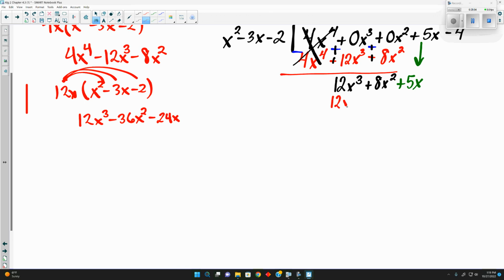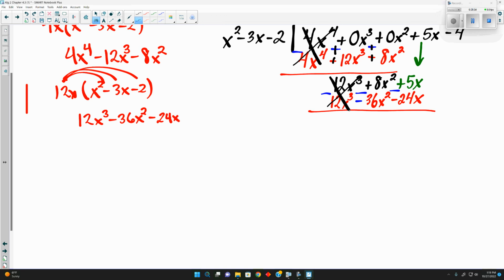So we'd have 12x cubed minus 36x squared minus 24x, and we're going to subtract again. So 12x cubed minus 12x cubed. These here are going to cancel out. They're going to become 0. Then we'll move on to the next one.